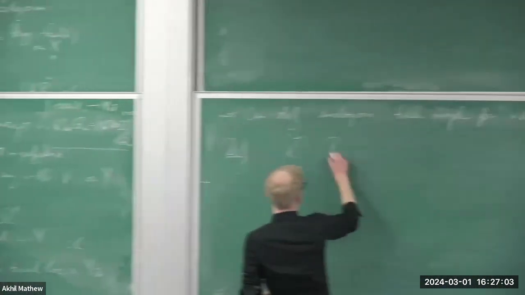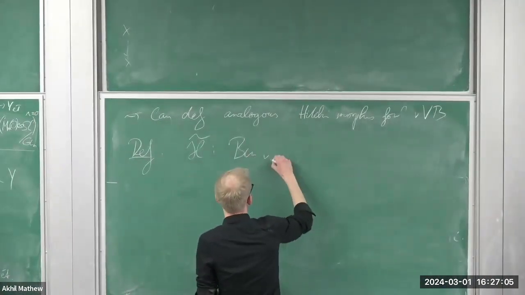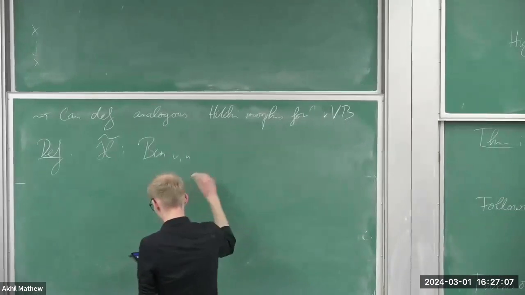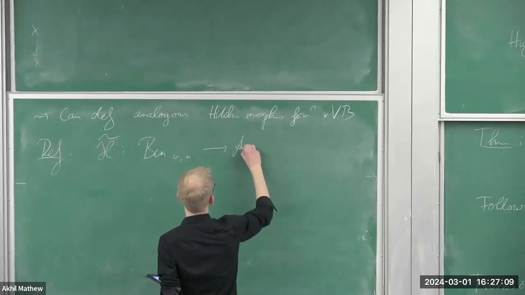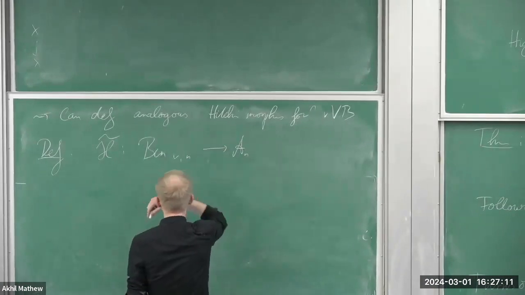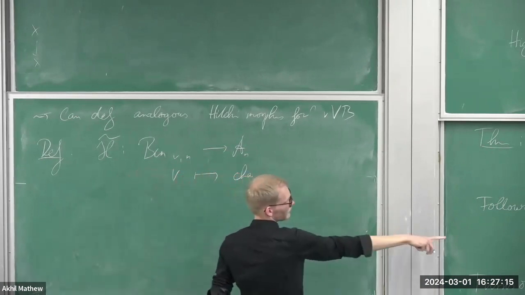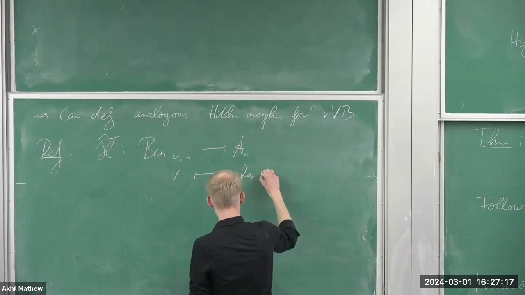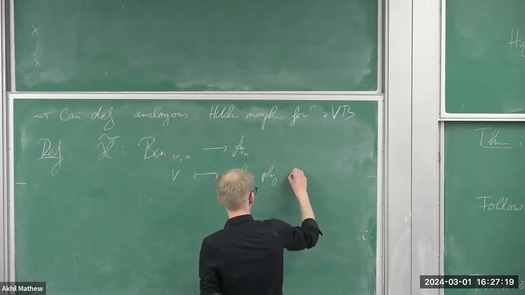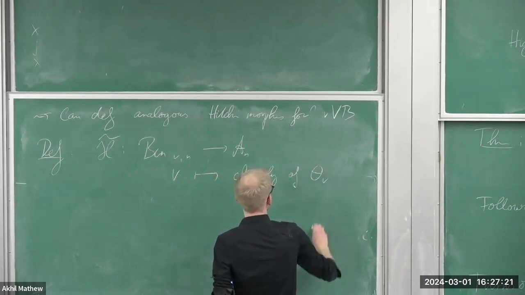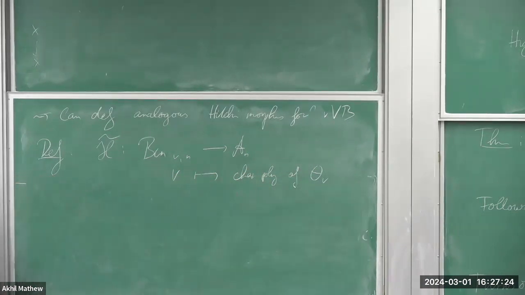Let's write this down. In anticipation of the main theory, I want to call this the twisted Hitchin morphism. This is the same Hitchin space as before, and the vector bundle goes to the characteristic polynomial of the canonical Higgs field of this.